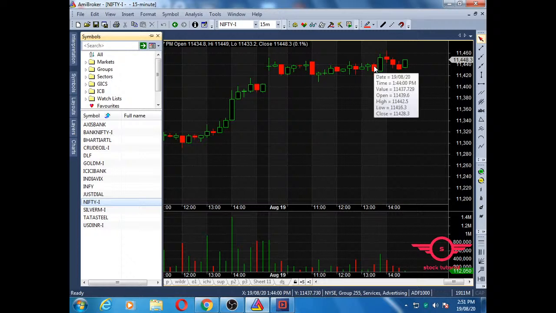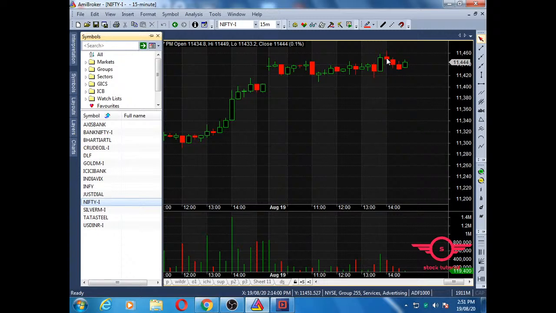a stop loss. Suppose it is 11,442. You have to take the stop loss market order above 11,442. Then you can have at least 11,459.